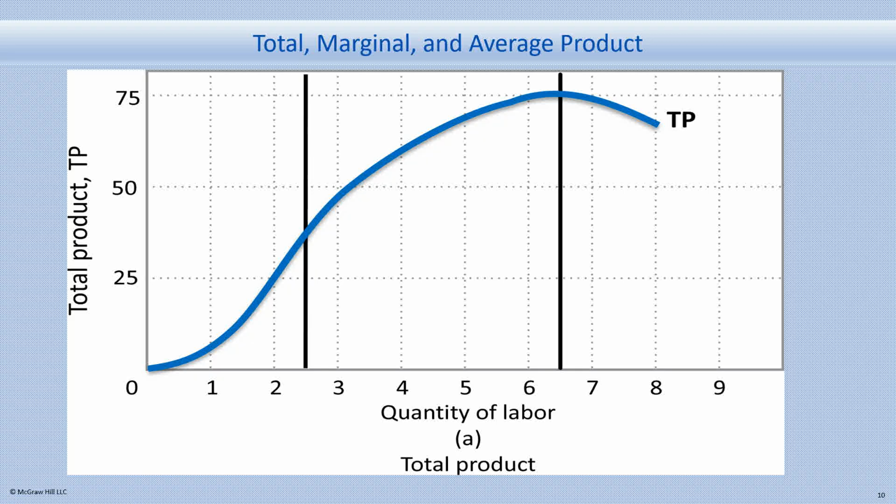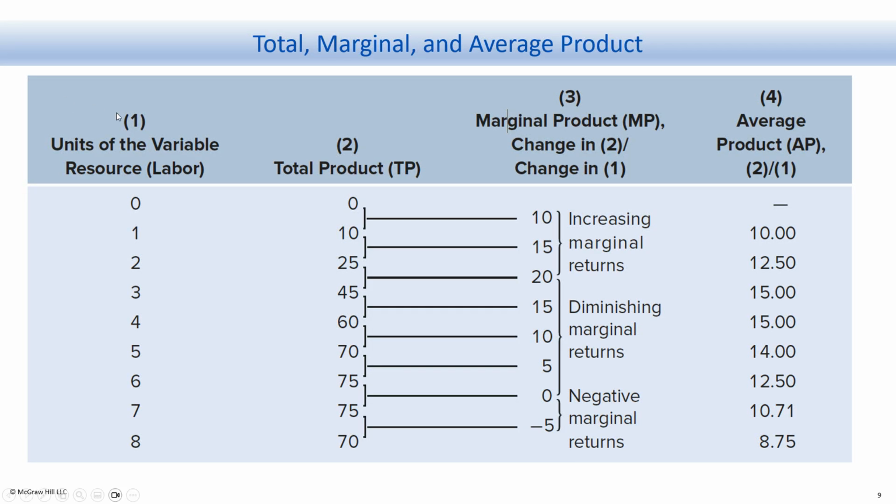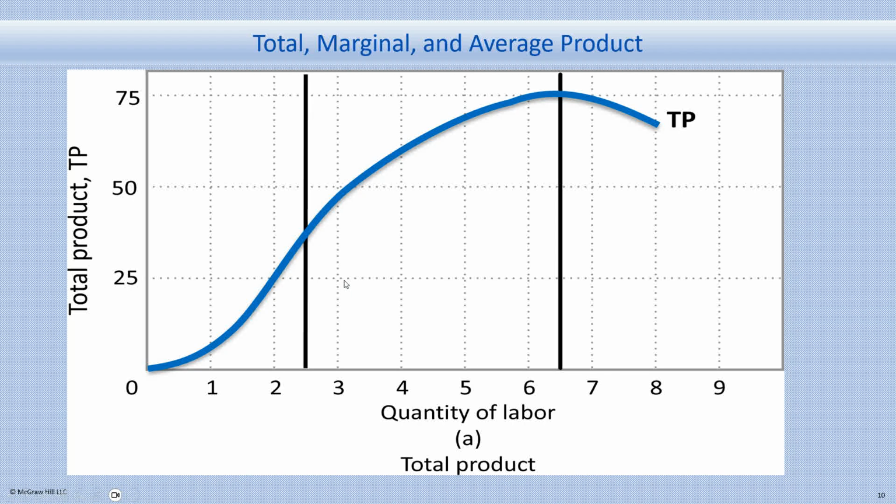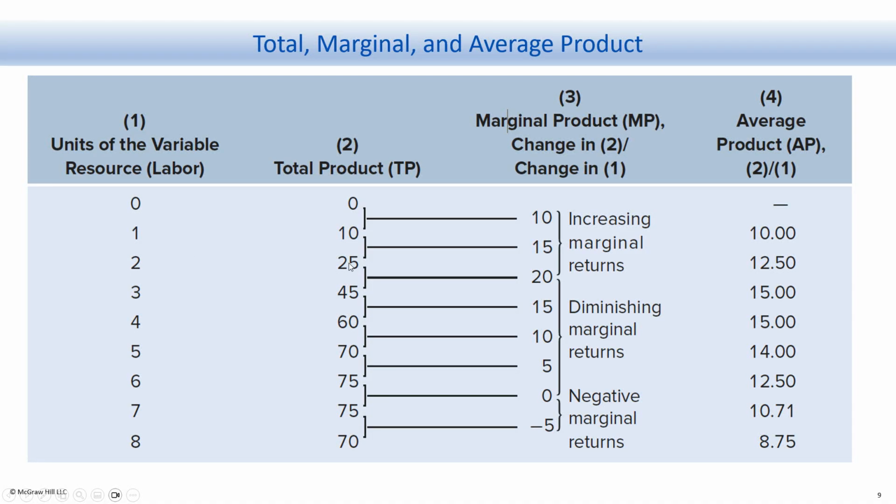But when we went from the second to the third worker, the rate of increase in the input, that is labor, pretty much matched the percent increase in output. If we went from 2 to 3 workers, that was a 50% increase in labor. You're going from 25 to 45 output. So that's almost on the range of a 50% increase in total output.